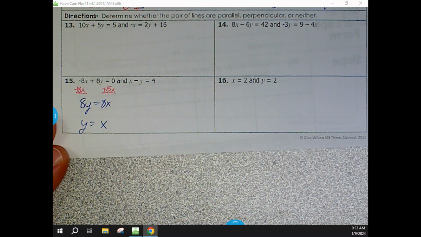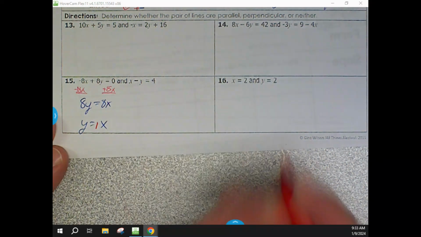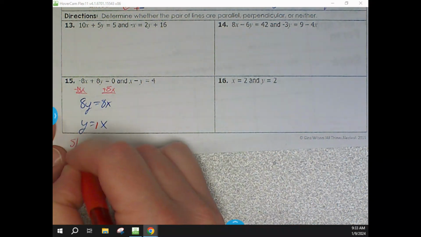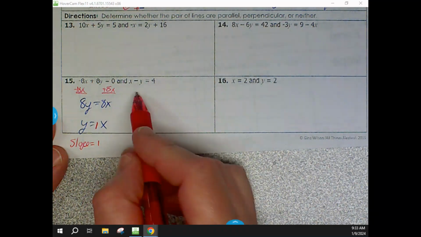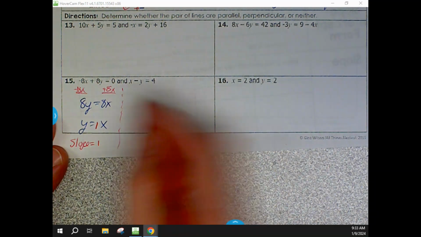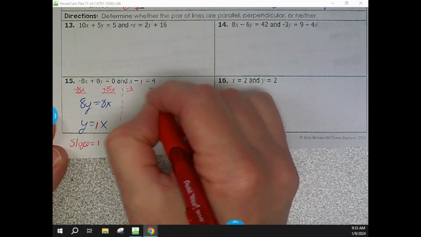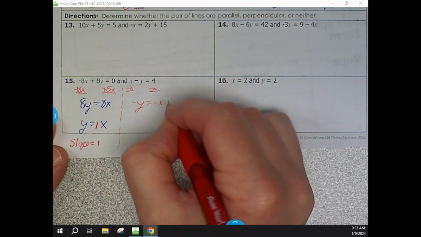But again, if we're trying to figure out parallel or perpendicular, whatever we're doing, we just need to know that in this case the slope is 1. Okay, for this equation, we're going to solve it for y. So for this one, we're going to subtract the x. So negative y would equal negative x plus 4.